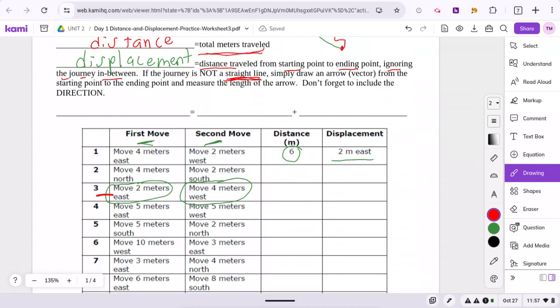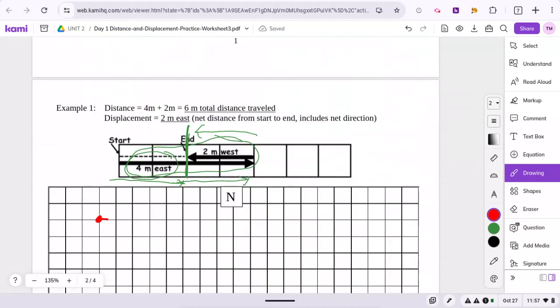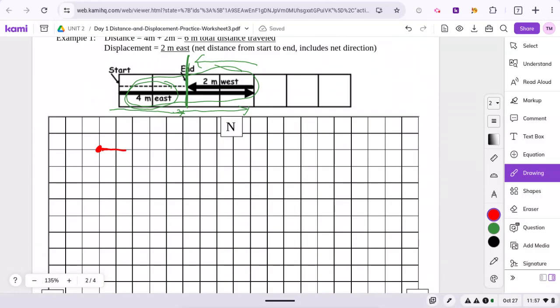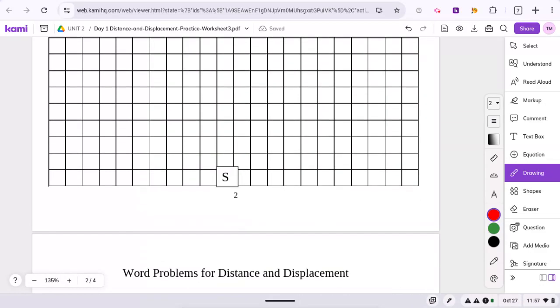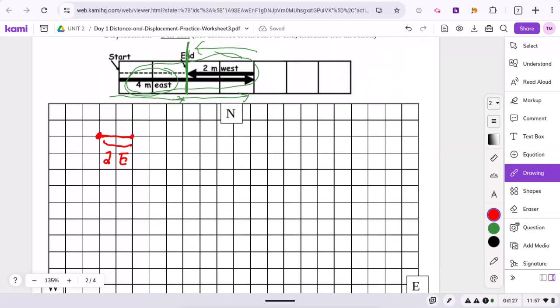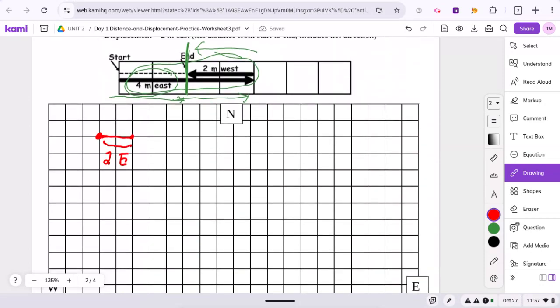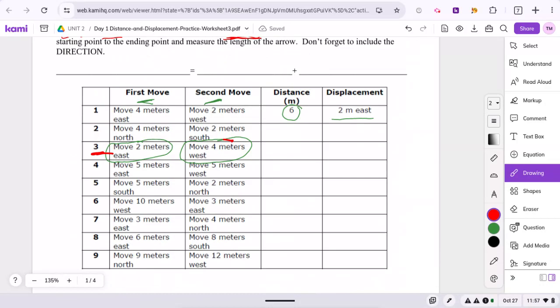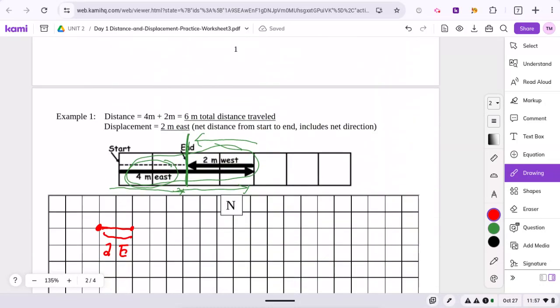So this one, yes, said 2 meters east. So if I went 1, 2 meters east, that's 1, 2 east. You might want to put yours in a different spot to make sure you have room for all of these. So 2 meters east, and then the next direction is 4 meters west.